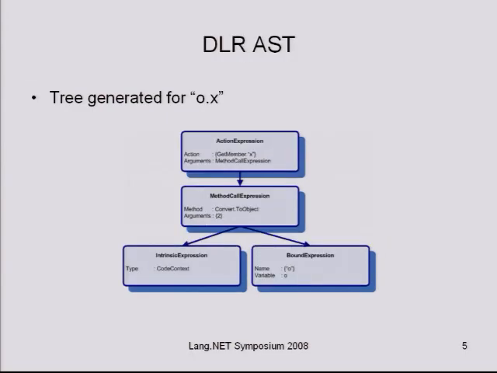Now in the code generation phase, this JScript AST that I just showed you is translated not into IL but into a DLR AST. So every action that we want performed is mapped to an action expression, and this action expression encapsulates the action that needs to be performed. In our case, it's a get member, and the argument on which the action needs to be performed.